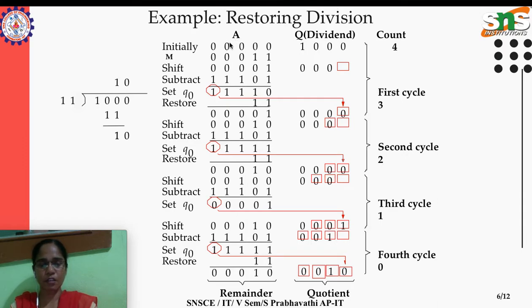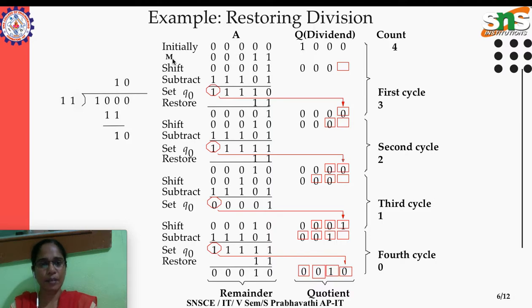So initial configuration. How many bits is the dividend? 4 bits, is it not? Initially the dividend is in the Q register, and the accumulator, as I told you, and in M we will have the divisor, which should be n plus 1 bits. Since it is 4 bits, we make the accumulator 5 bits, and the initial configuration is 0.